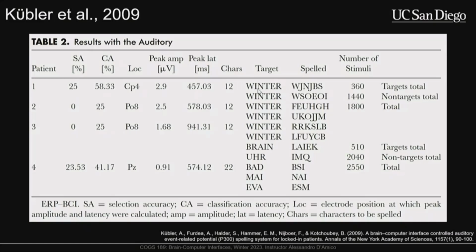The N is correct, J is off, B is off, S is off. So in this case, we have 1, 2, 3, 4, 5, 6. Two of the 6 letters were spelled correctly. And then they tried spelling winter again, and we only got 1 of the letters spelled correctly. And so that's how we determine the selection accuracy.